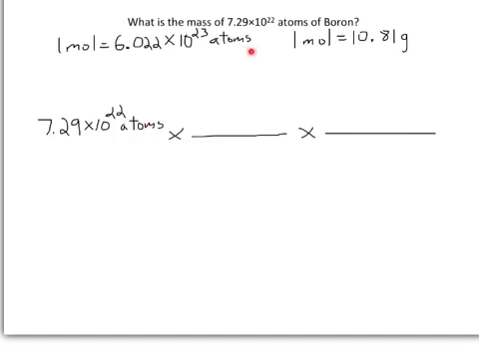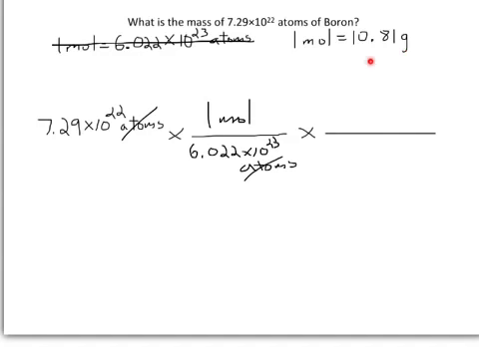So Avogadro's number will go in the denominator, and then 1 mole will go in the numerator. All right, so in this case, our atoms cancel.